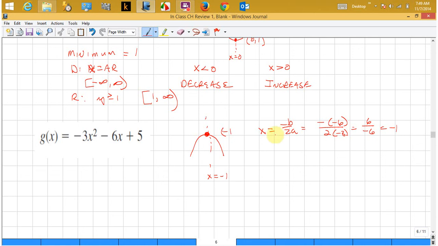Let's find the y value by putting a negative 1 into the equation. Negative 1 squared would be 1. This would be plus 6, plus 5.